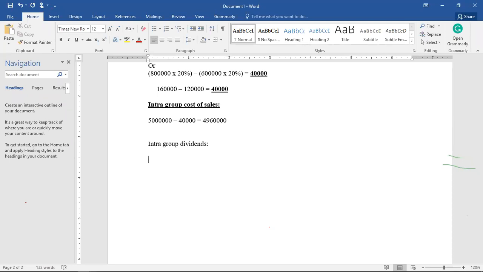And I will know that by going to the subsidiary's income surplus account. The preference dividend payable is 1750. And you should know that, so let me write here, preference dividend is 1750.